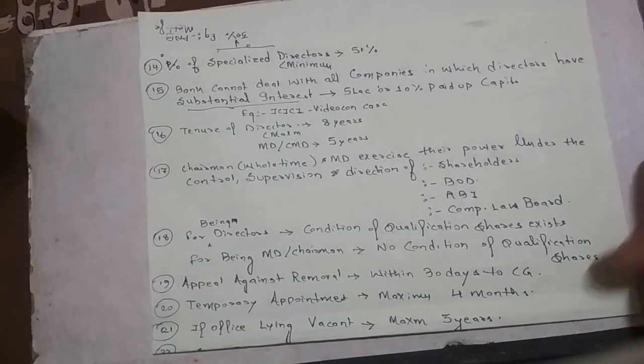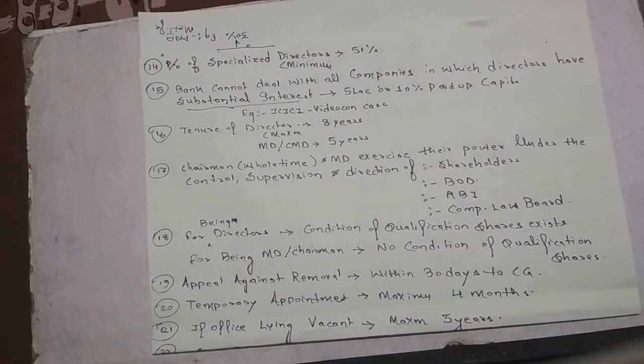So question number 14: the percentage of specialized directors required on the board of directors in a banking company is 51%. This 51% is a minimum criterion, the maximum could be 100%. Banks cannot deal with companies in which directors have a substantial interest, 5 lakh or 10% of paid up capital.